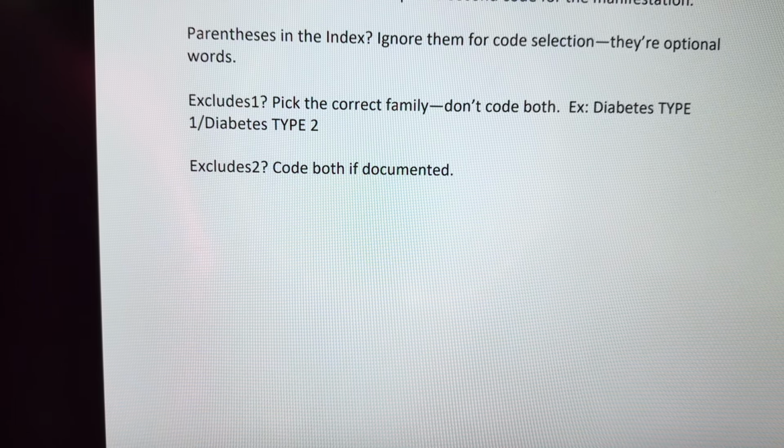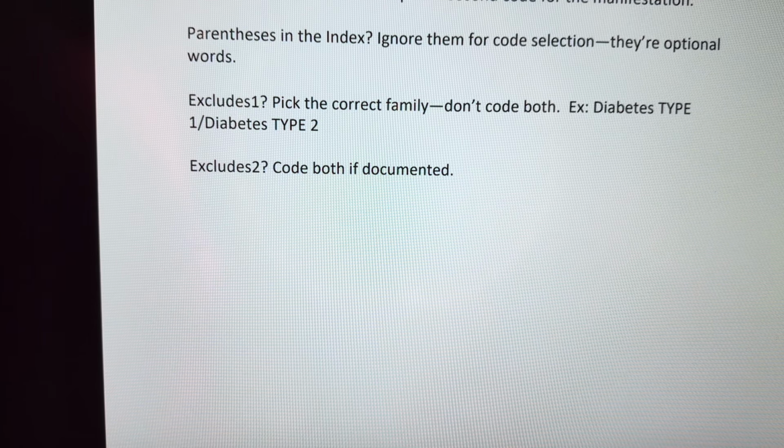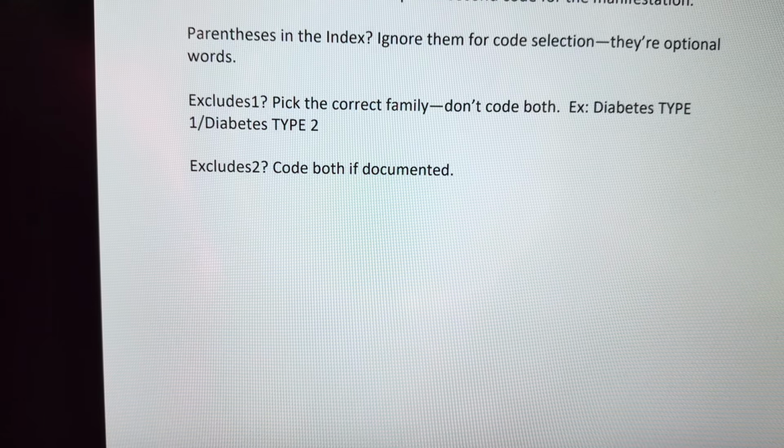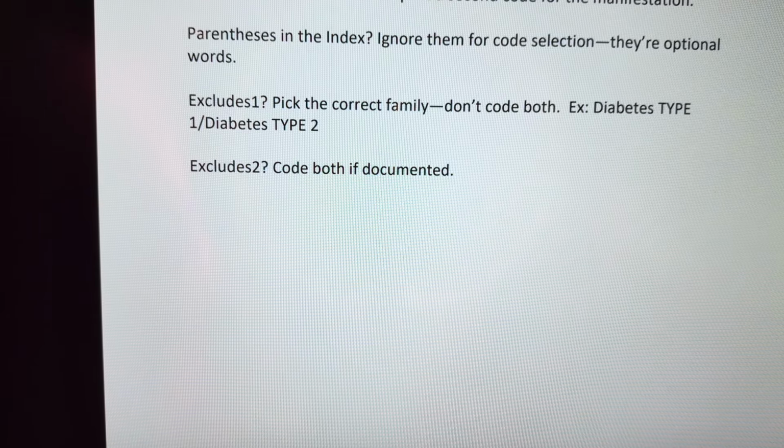Excludes 1: pick the correct family. Don't code both. Example, diabetes type 1, diabetes type 2. I want you guys to really look at this. A person cannot have type 1 diabetes and type 2 diabetes. You will see an Excludes 1 in the tabular for type 2 or vice versa. Excludes 2, you can code both if documented.